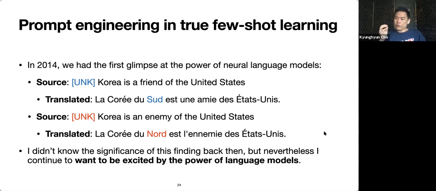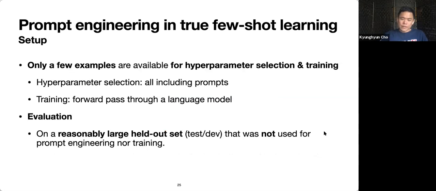I just wanted to check whether this is the case, because existing studies took one step toward making me even more excited, but there are a few things that we had to check in order to be even more excited about this possibility of few-shot learning with language models. So we decided to run some experiments, perhaps a bit boring, but thorough experimentation.